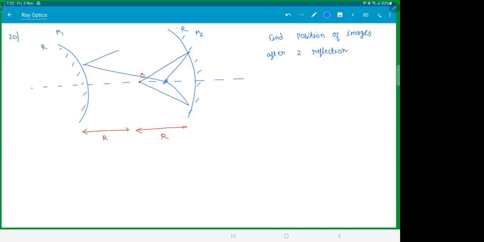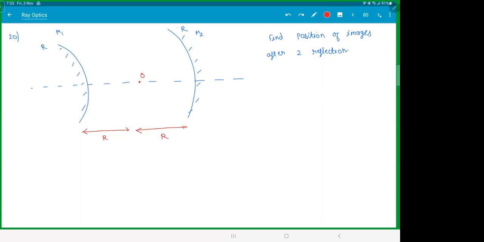The image of that image is what I want. And rays can also go back. Its image will form, and the image of that will again form on this mirror. That image I want. So first find the image in M1, then its image in M2. Then first find the image in M2, then its image in M1. I need you to find the position of the images after two reflections.